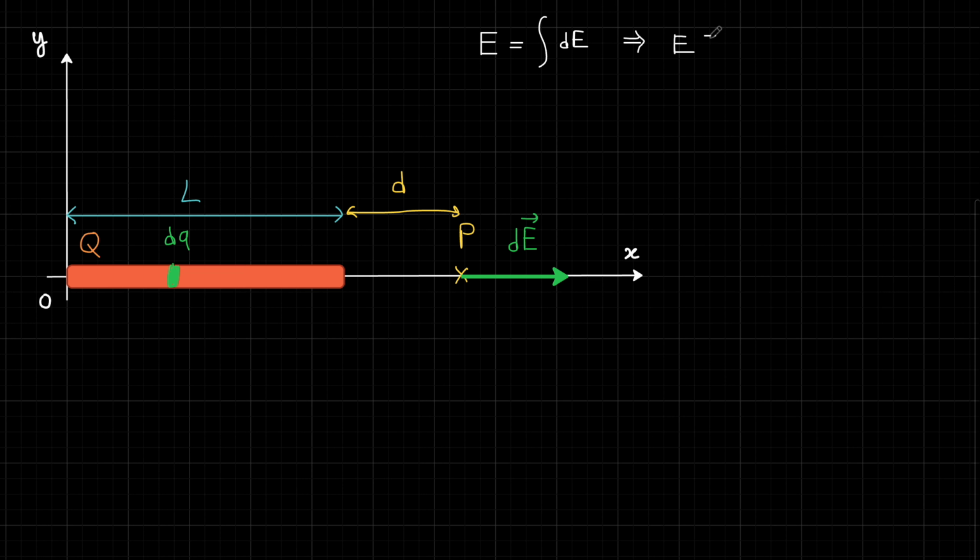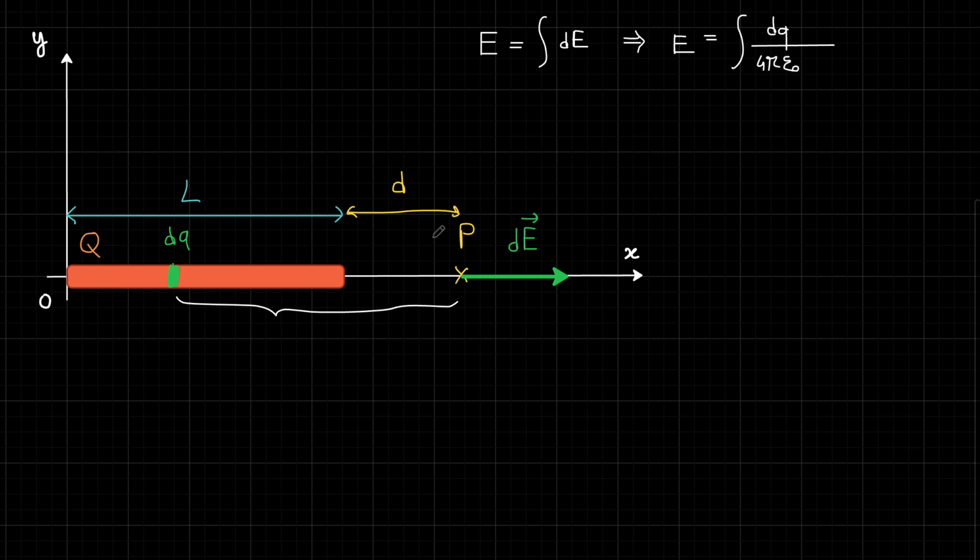The electric field magnitude due to a point charge is proportional to its charge, which is dq here, divided by 4 pi epsilon 0 times the square of the distance between the point charge and the point of interest. Basically, this distance right here is what should go into the denominator, the square of this distance, all the way from dq to point P.